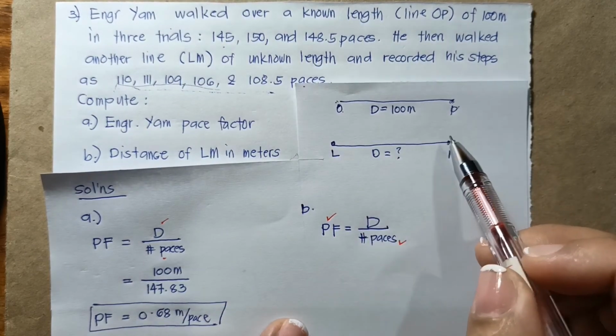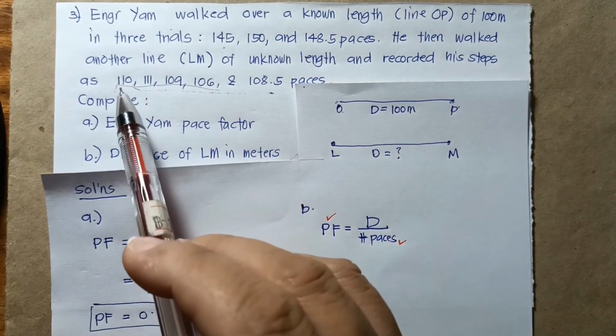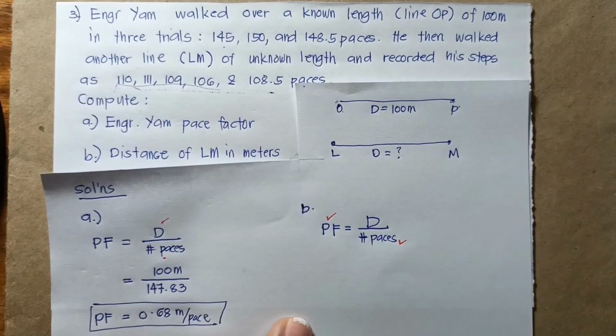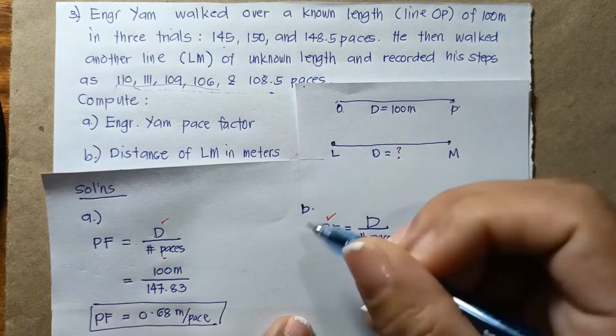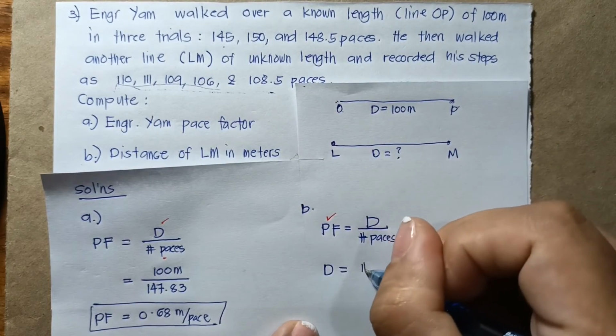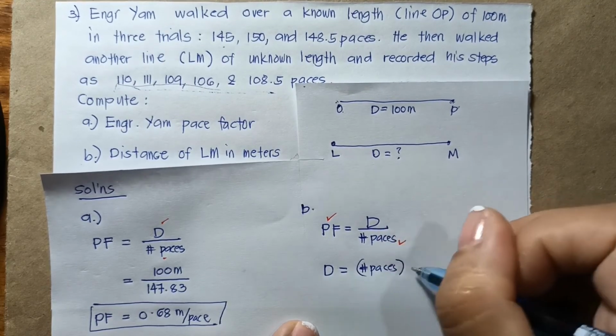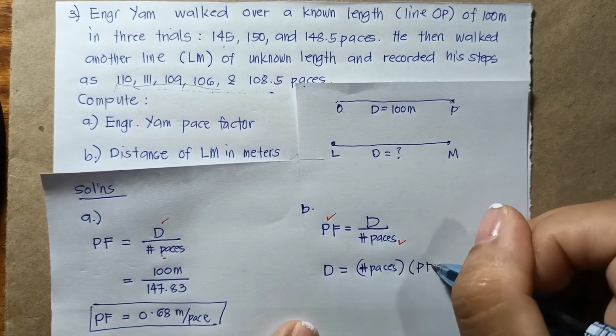that he walked along line LM is 110, 111, 109, 106, and 108.5. And the distance LM is equal to the number of paces times the pace factor.